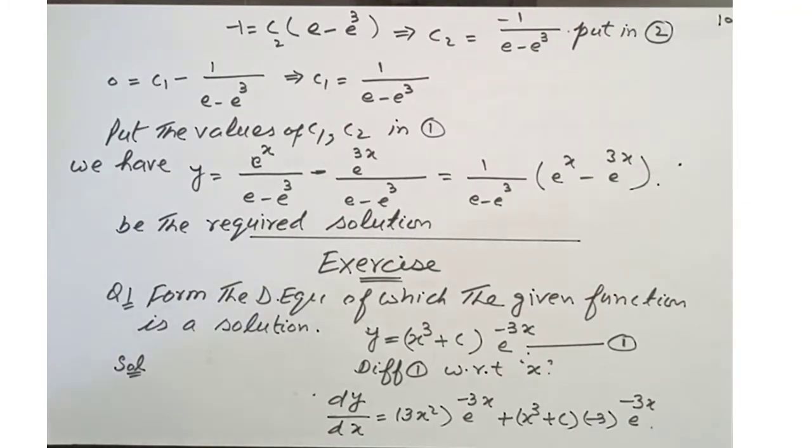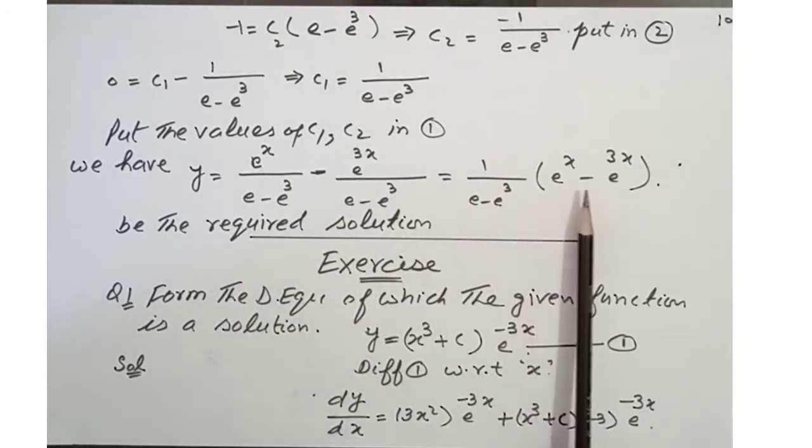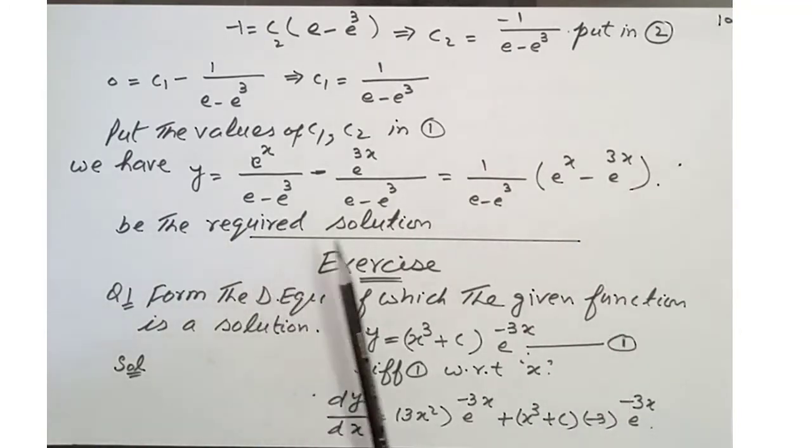We have y equal to e^x over e minus e cube minus e^(3x) over e minus e cube. Taking the common term, this is equal to 1 over e minus e cube into e^x minus e^(3x). So this is the required solution.